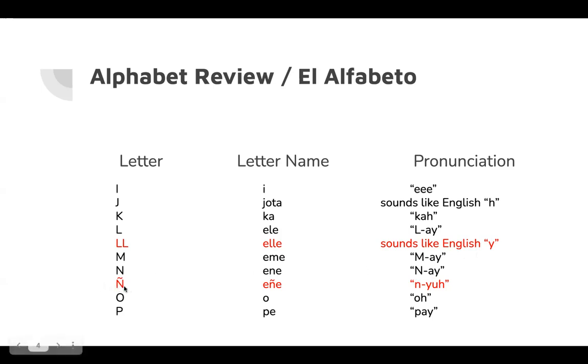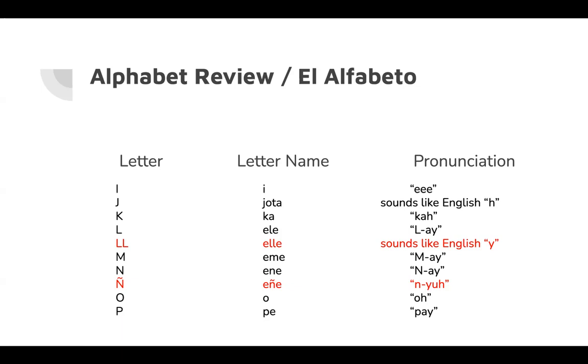The next one is a letter that we don't have in English. It's the N, and that thing on the top of it is called a tilde. You don't need to know that, but the letter name for it is Enye, and it's kind of like an NY sound, like the NY sound you hear in the English word onion.